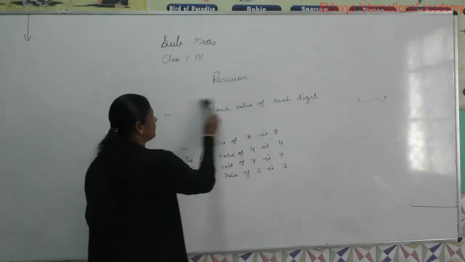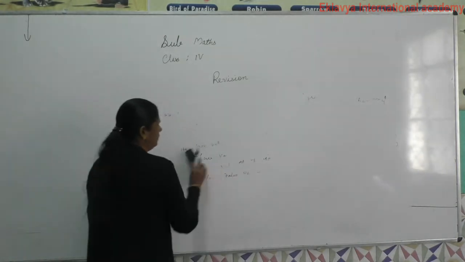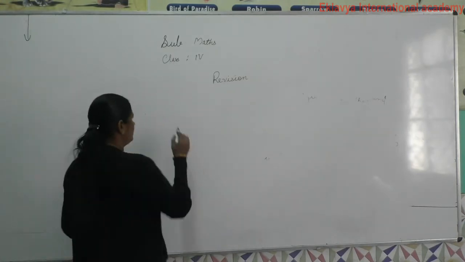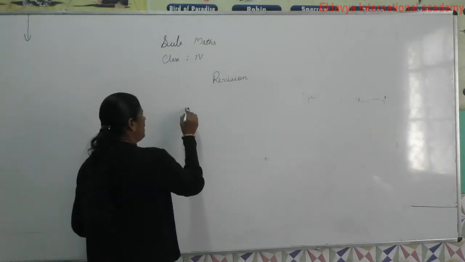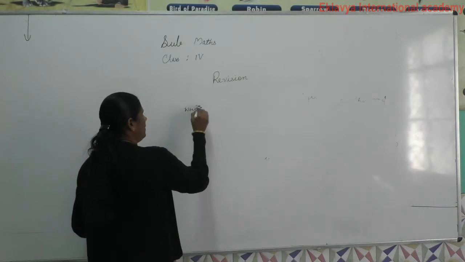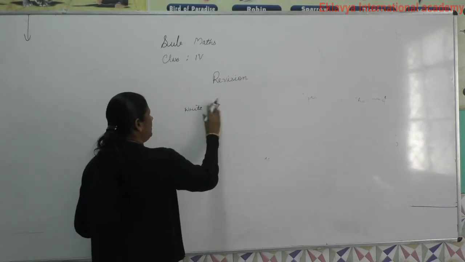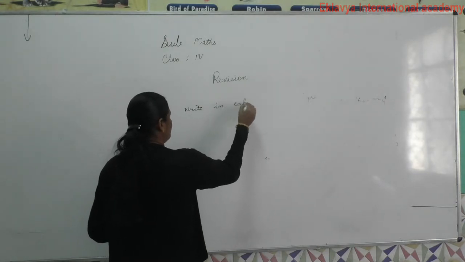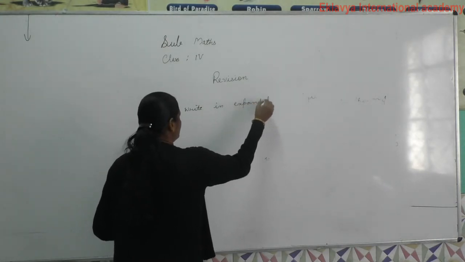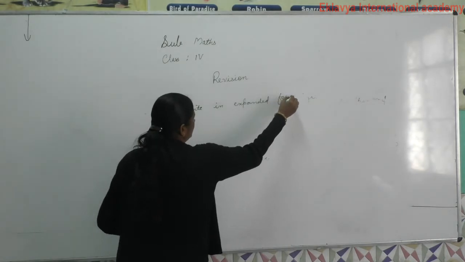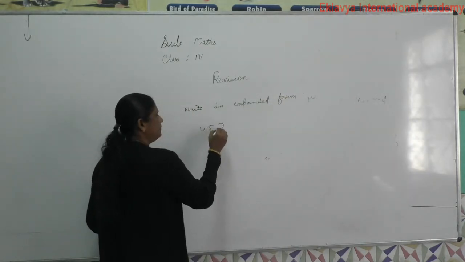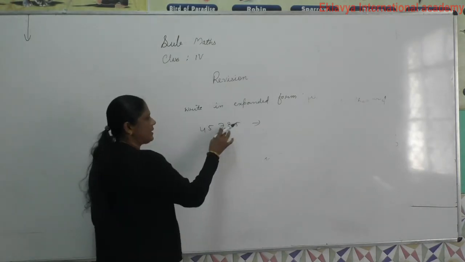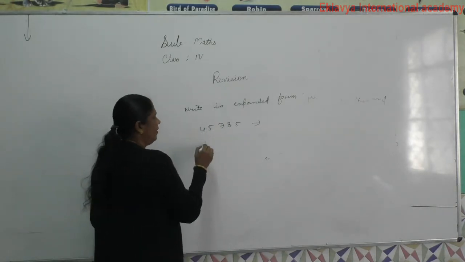Now, expanded form. Write in expanded form. Here you write ones times 100,000, 10,000.